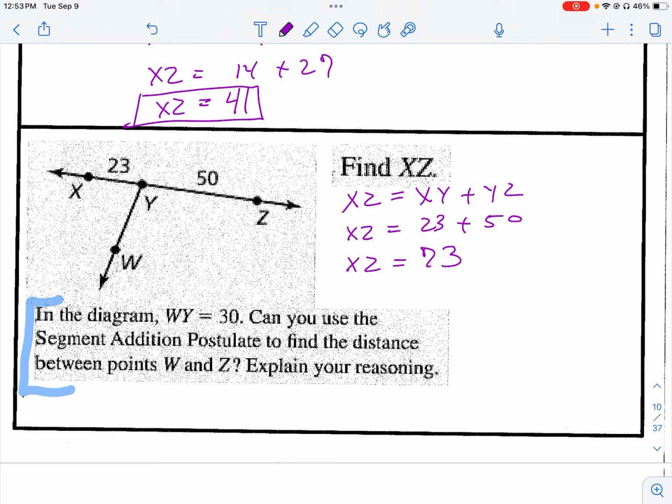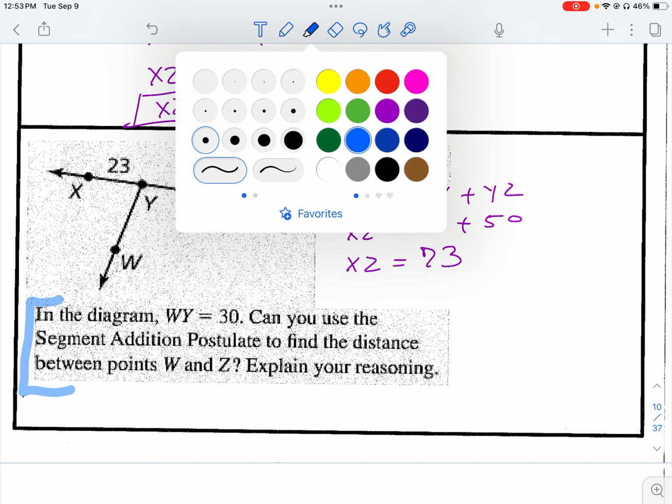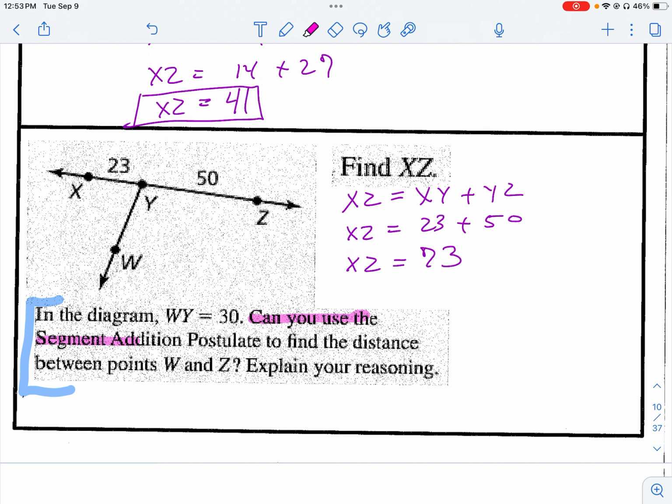All right. So can you use the segment addition postulate to find the distance between points Y and Z? No, you may not.